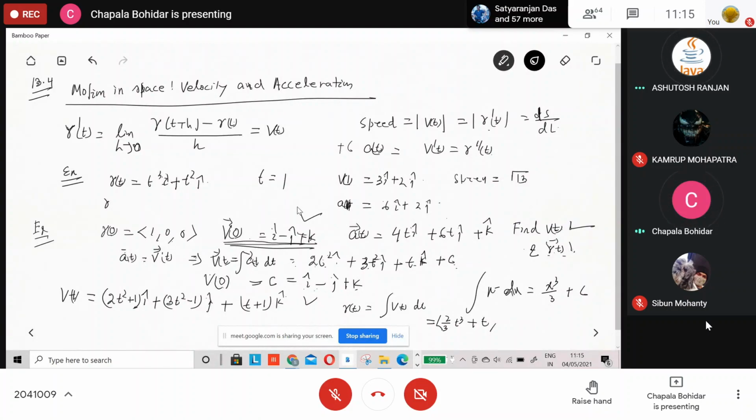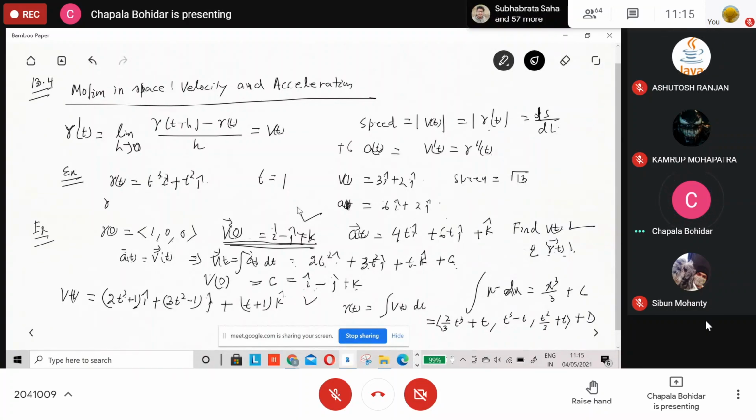Yes, it is t cube minus t. Okay, very good. Then t square by 2 plus t, plus t. Then plus, though you are using constant as C, I am using here constant as D.